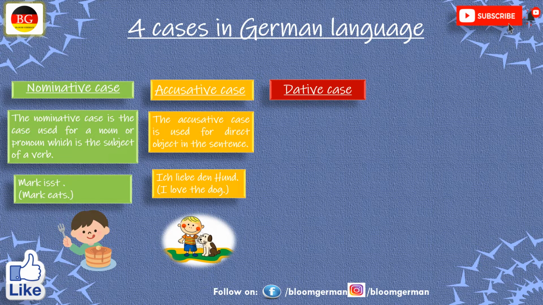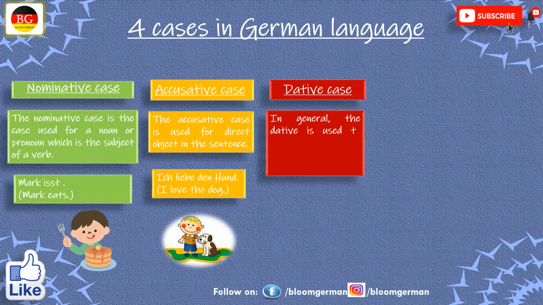Move on to the dative case. Definition of dative case. In general, the dative is used to mark the indirect object in a sentence. That means indirect object, to or for whom the action is taking place. Okay. Dative case means indirect object, accusative means direct object, and nominative means subject of the verb.